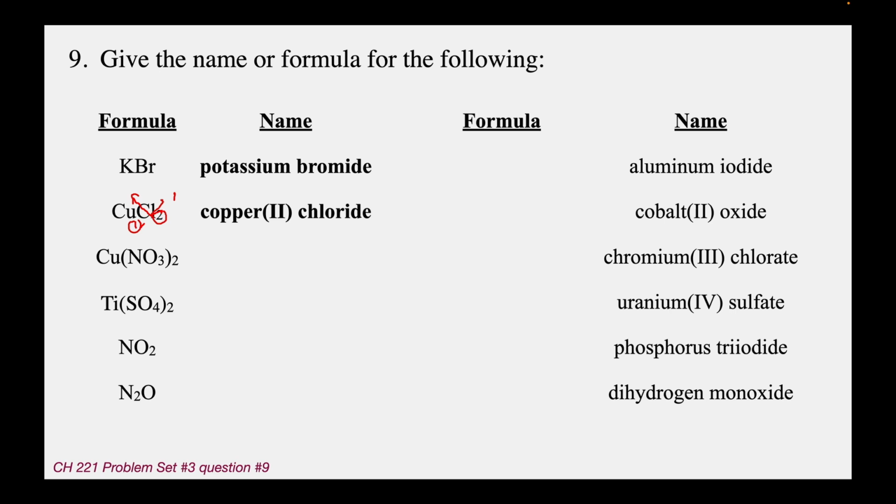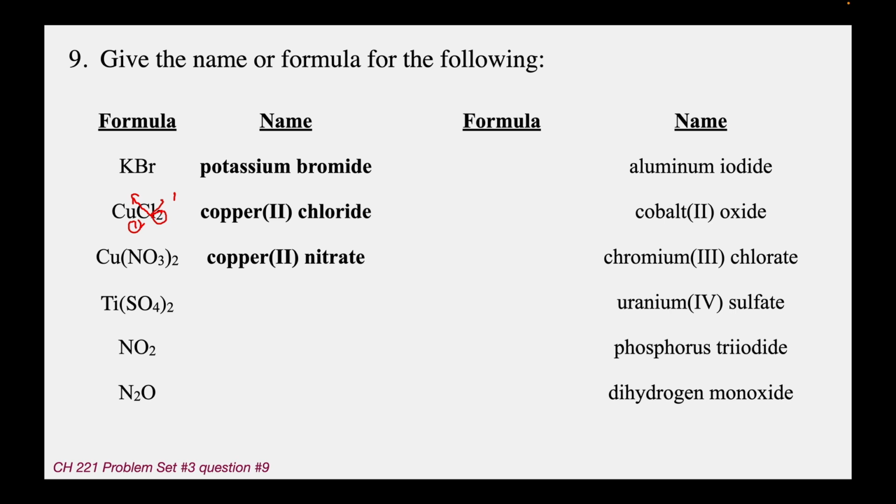And sure enough, nitrate is minus 1. There's 2 of them, so that means that negative 2 nitrates has to be balanced by copper. It's going to be a positive 2 copper. So this compound is copper 2 nitrate. And crossover works really, really well here. No problem, just cross them over.